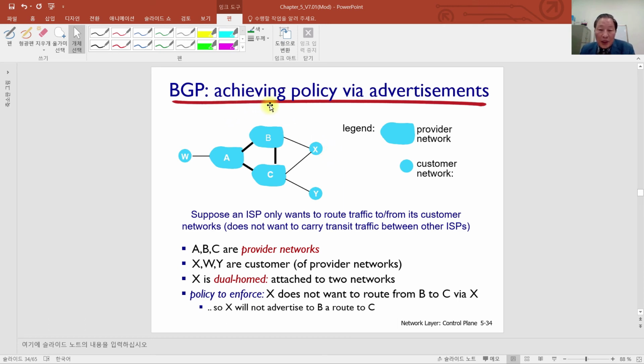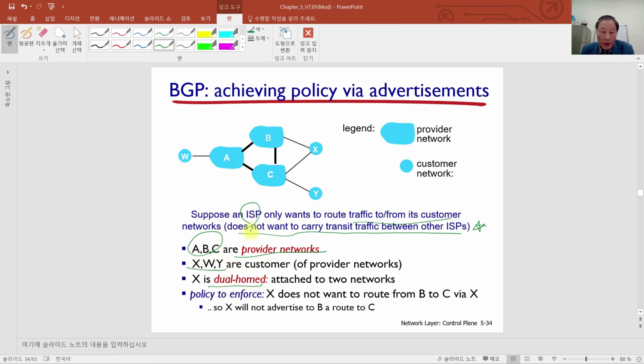Okay, this one is still explaining something more. Suppose an ISP only wants to route traffic from its customer network, and does not want to carry transit traffic between other internet service providers, same as the previous slide. A, B, C are provider networks, with additional explanation. X, W, Y are customers.